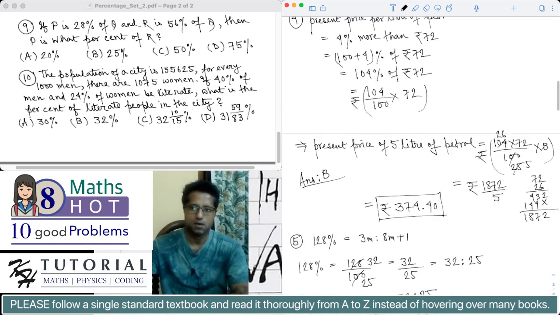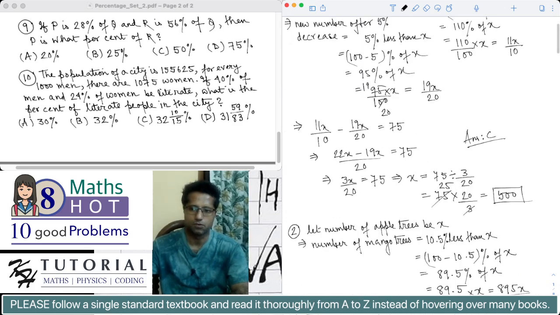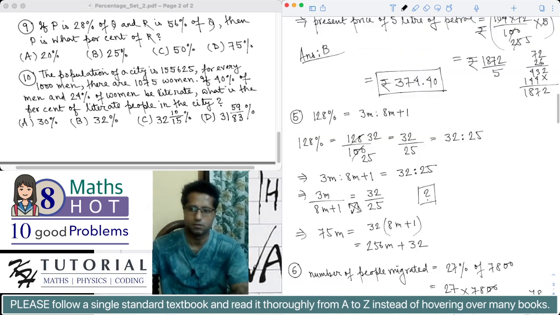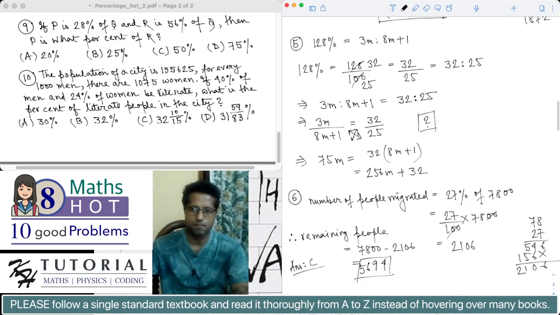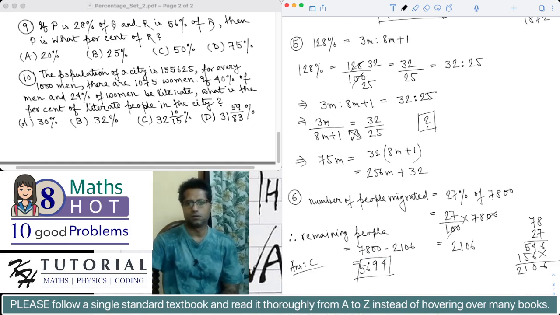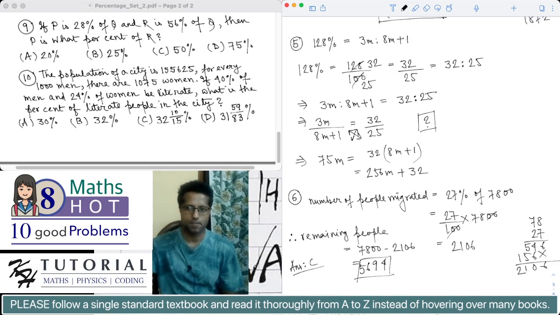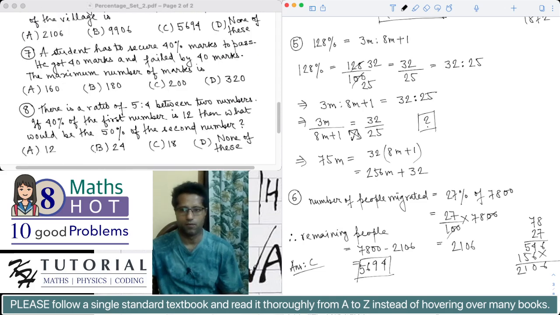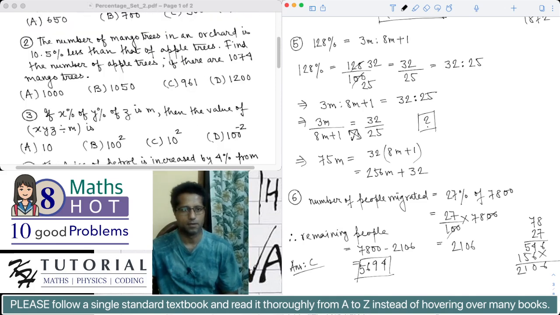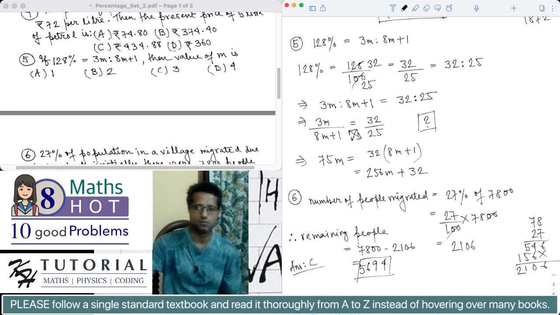For question number 5, the data was not properly given, so we could not find a proper answer, that is the value of m. The value of m could not be found because as per the data it comes out negative, but in the problem all the choices are given as positive integers. So this was the only problem.